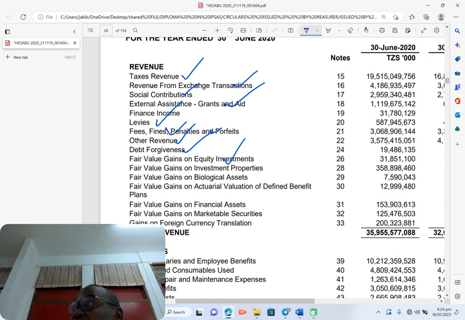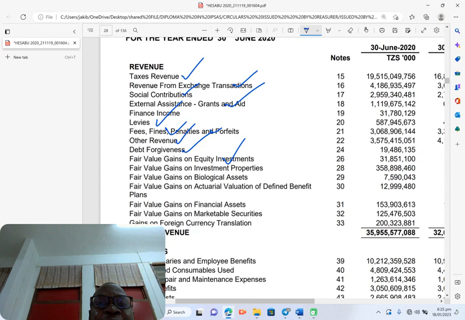If we have adopted the cost model, why use the fair value model in investment property and have this gain? Sometimes you can query, because I've seen some public corporations departing from the government. Exactly. Now, is it true that we have adopted the cost model in investment property? Do we have any guideline on it?